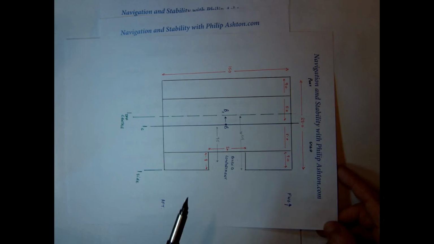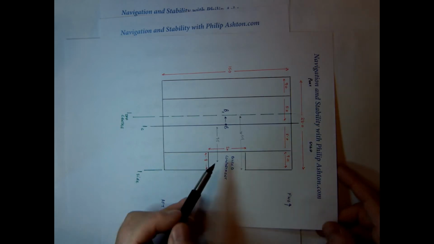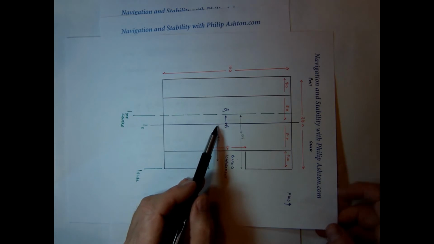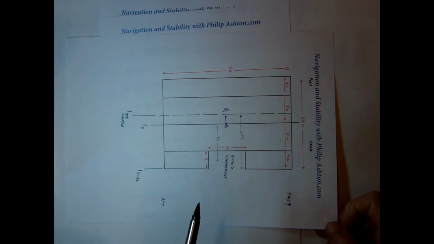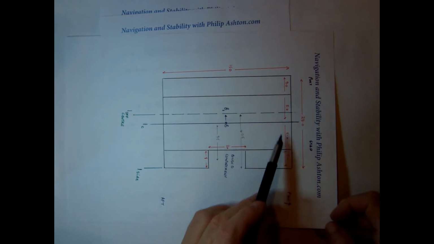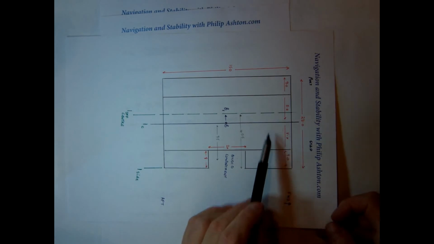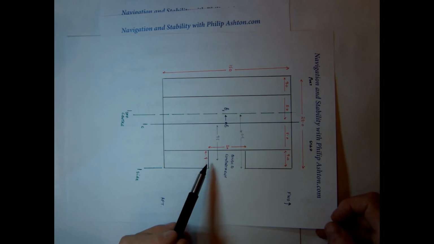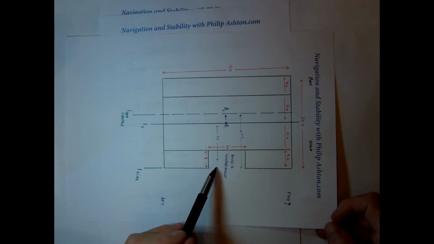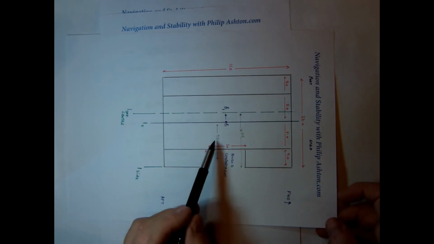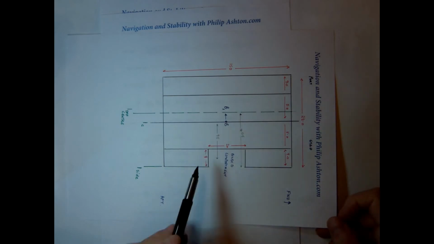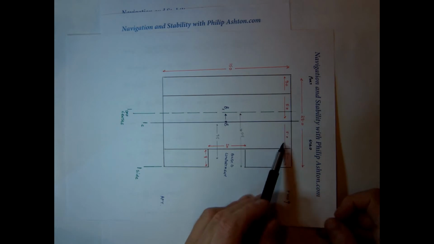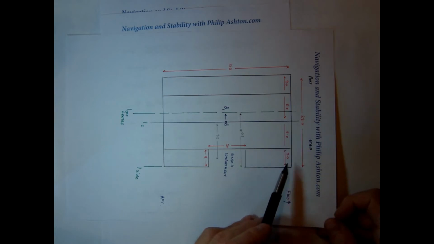Now the distance is the distance from the centre of the bilge compartment to the centre line, the original centre line. It's 14 metres from the centre line out. This is 9.5, so we subtract 4.5 off that, and that gives us the 9.5. So that's 9, that's 5, making the 14.